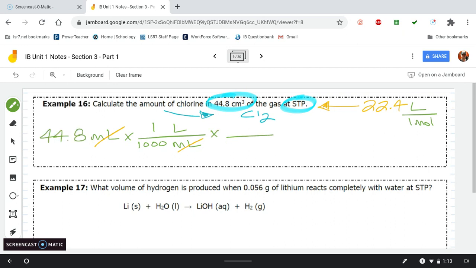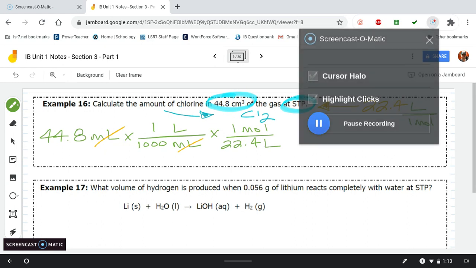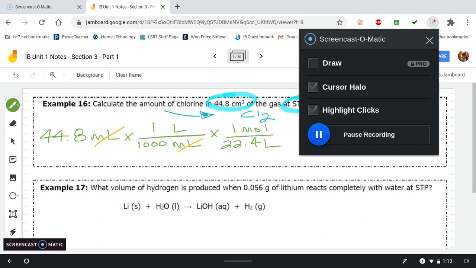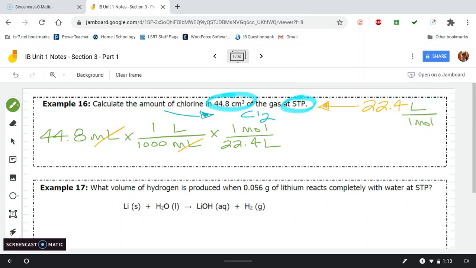And then here we go. Now we have liters, which we can now use to convert to moles. So it says, okay, we got 22.4 liters for every 1 mole. Okay, and then when those go away, see top and bottom, we've got moles.